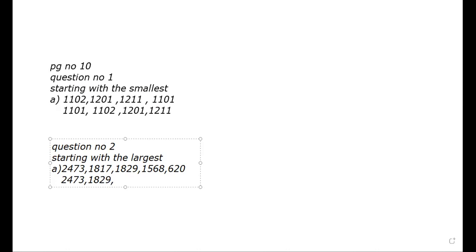Then I'm going to write 1817. And the next one is this one, 1568. And the last one, that is very small, 620. You can do these parts with the help of this method, A, B, C, and D on your notes.